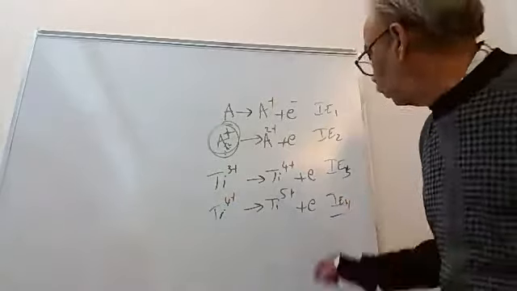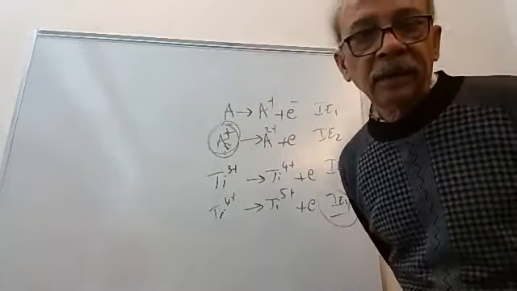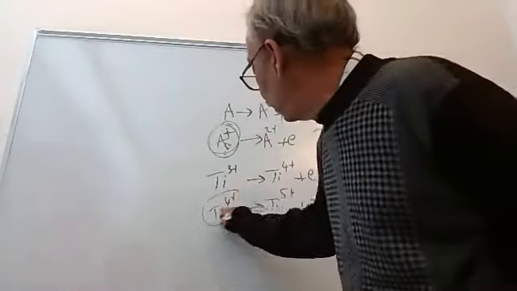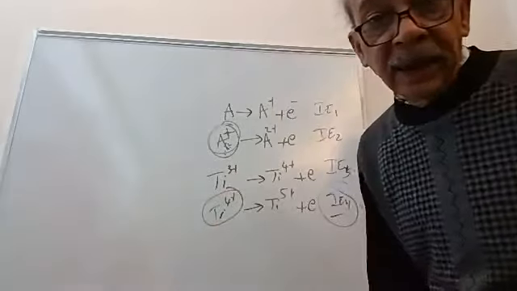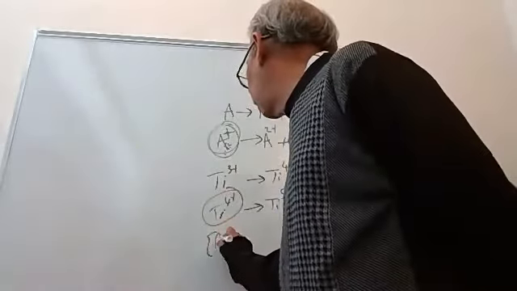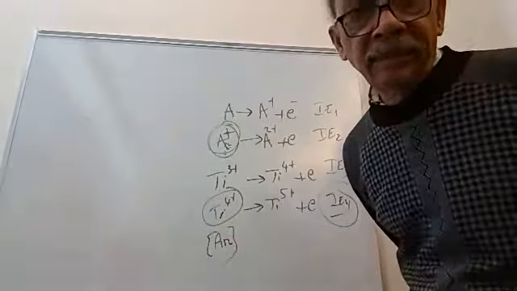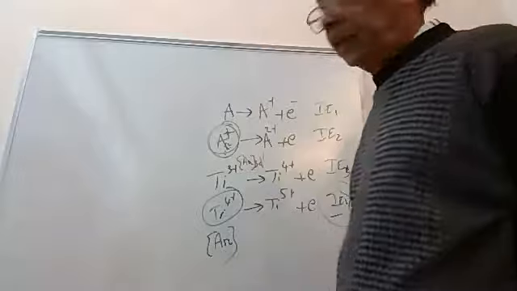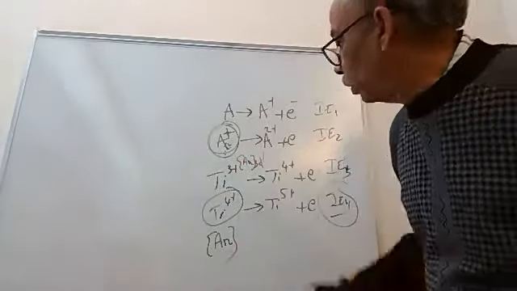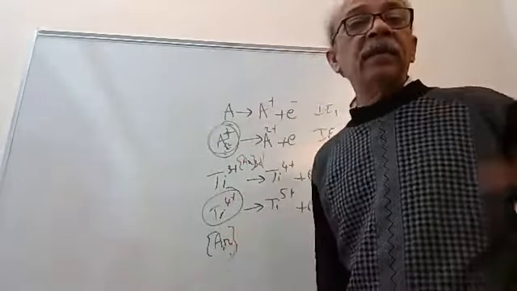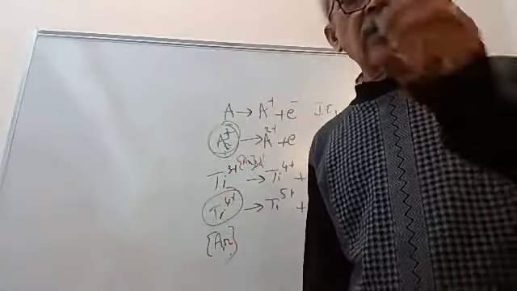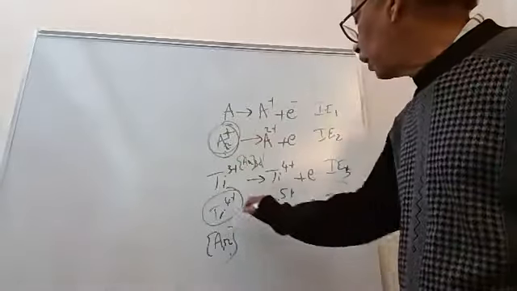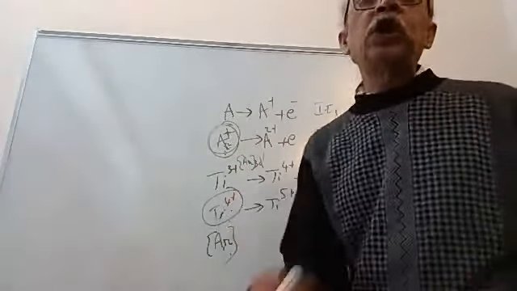Suddenly this is very large, 10 times more than IE3. The reason is that titanium 4 plus has the electronic configuration of argon. In titanium 3 plus, it's argon 3d1. So anytime you have an ion whose electronic configuration is that of a noble gas, the removal of an electron from that ion is extremely difficult.